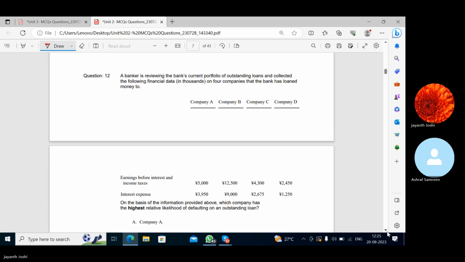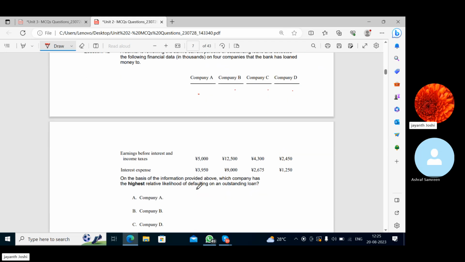Next one. So a banker is reviewing the bank's current portfolio of outstanding loans and collected the following financial data on 4 companies that the bank has loaned money to: A, B, C, D. This is their EBIT, interest expense.